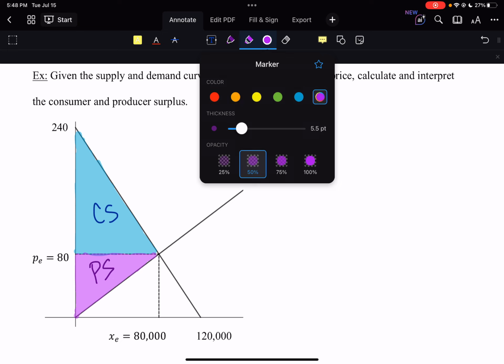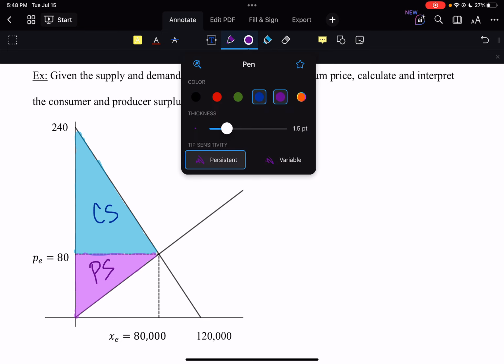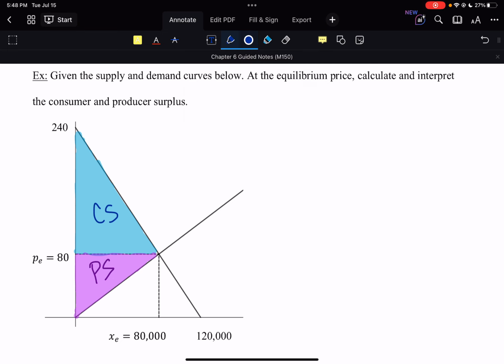All right, so we can go ahead and calculate these geometrically, right? Because these are both right triangles. So our consumer surplus is 1/2 base times height. The base here is 80,000. So there are 80,000 being sold right now, or being demanded right now, times the height. The height is not 240.